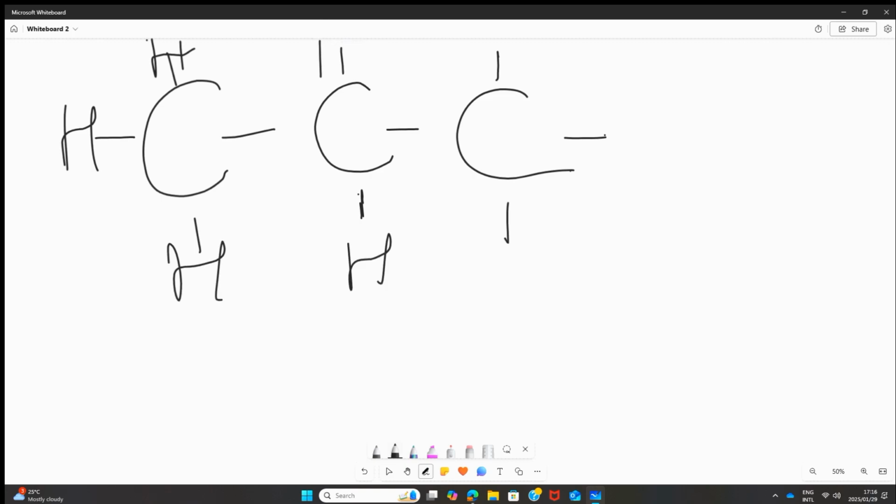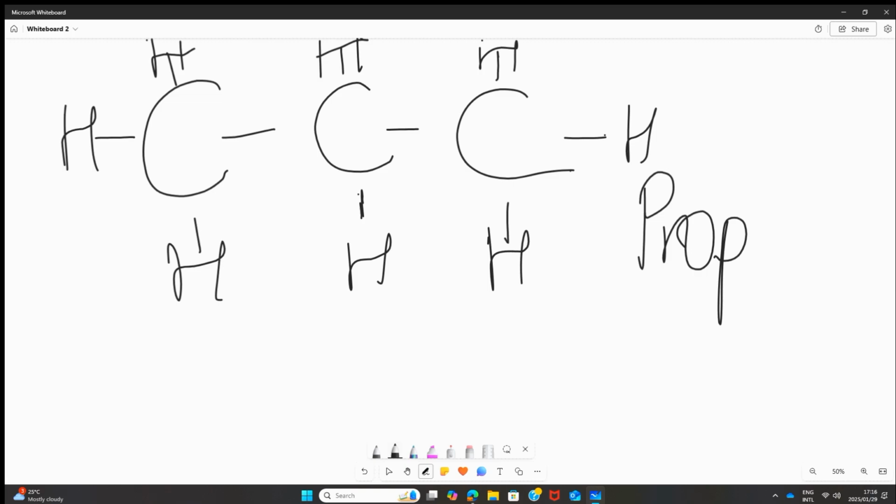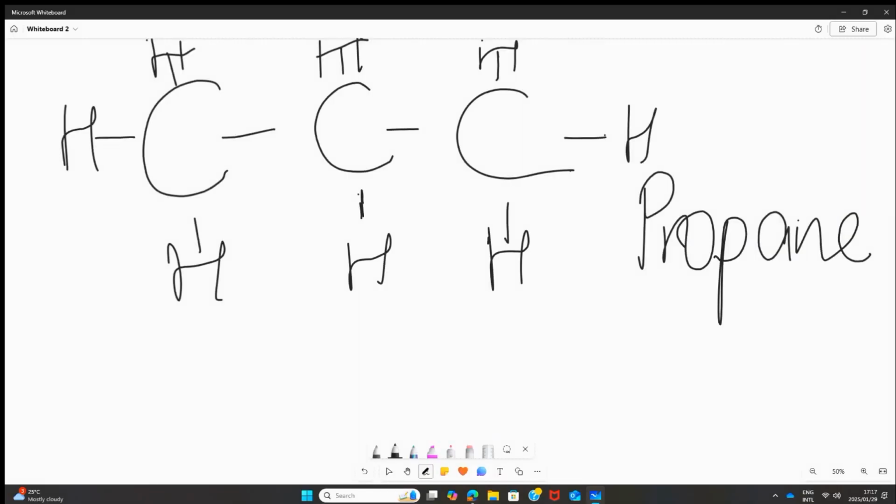Now for our prefix, there's 3 carbons, so our prefix would be prop, and then our suffix would be ane. So our alkane with 3 carbon atoms would be propane.